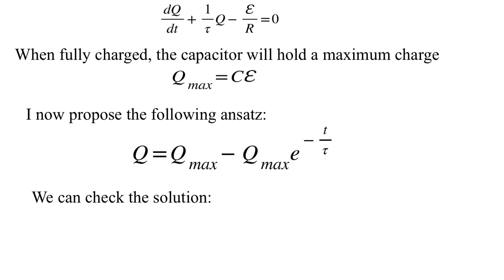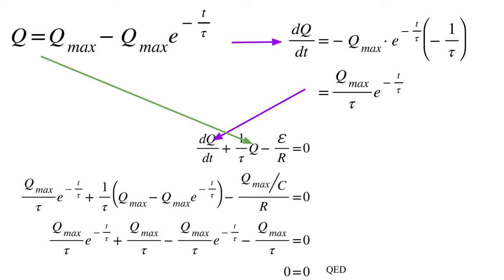The purpose of doing an ansatz is we then plug and chug and see what happens to the solution. So here's our ansatz, and here is our equation. We take the derivative because we'll need it, and we get that the derivative, which is, remember, the current, is Q max over tau, e to the minus t over tau. And we put those in where they're supposed to go.